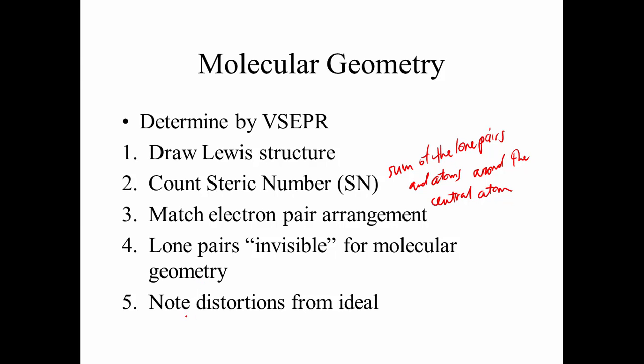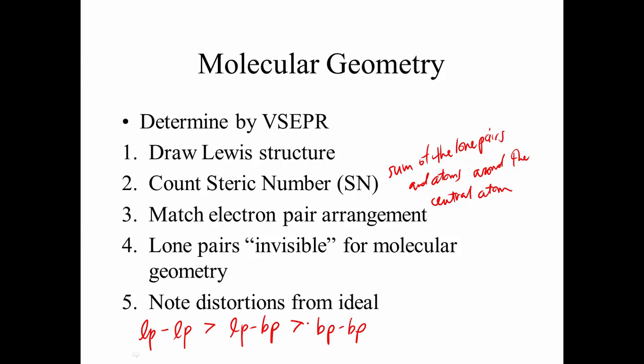And then we also need to note how the molecule might be distorted from the ideal Platonic geometry. So for example, in terms of VSEPR, we consider that lone pair interactions are stronger repulsion than lone pair bonding pair interactions, which are stronger than bonding pair interactions.